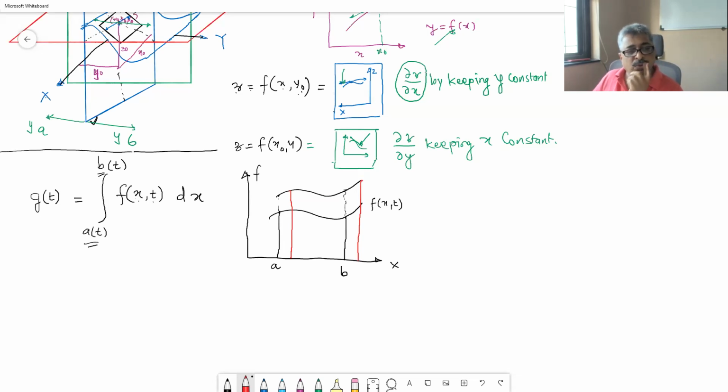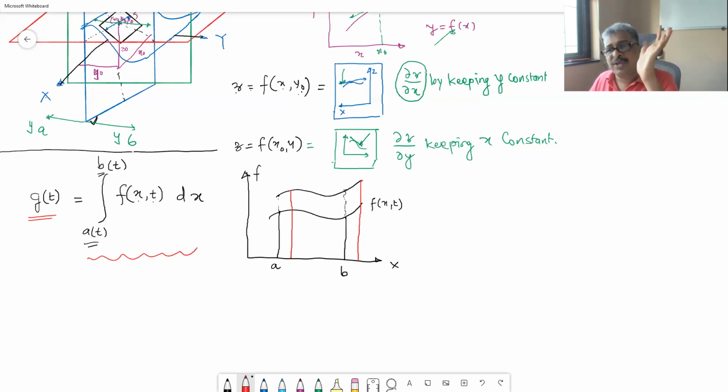Okay, so what is this? This is the integral. It is going to be a function of t eventually, because suppose this function is easily integrable with respect to dx, and you are integrating it with respect to dx, what exactly formula we should use, that is what we are going to derive now.